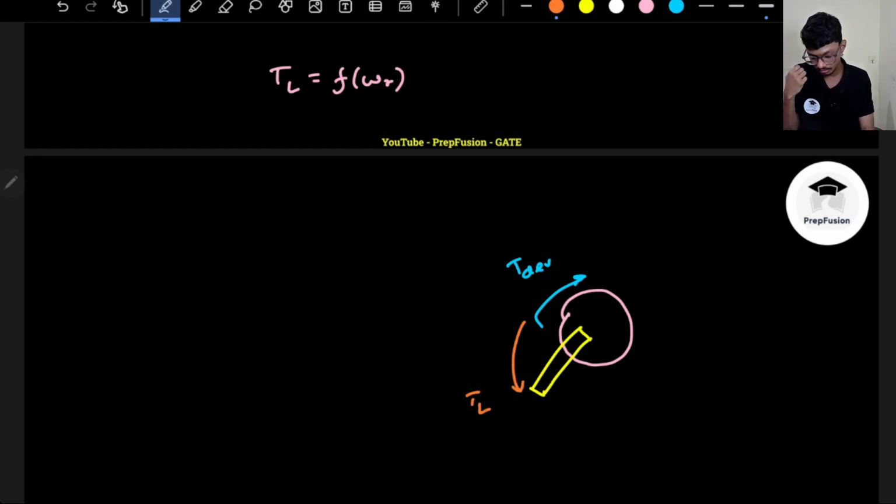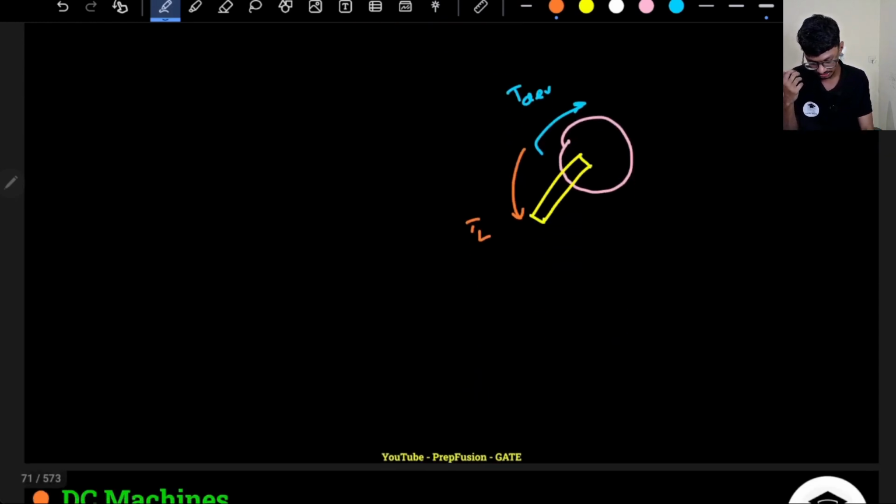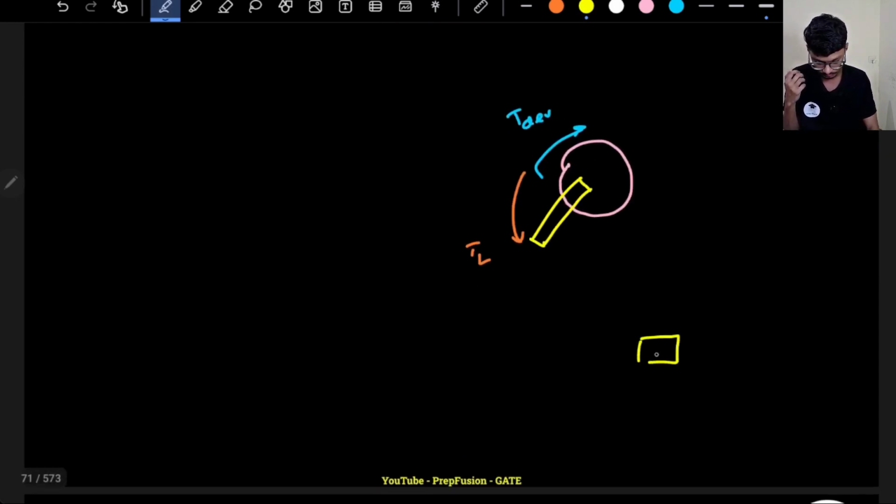It is same like a box. If I have a simple box here and I am applying some force here, and I want to keep this in steady state, what will happen? I have to apply another force of equal magnitude in the opposite direction, F, right?